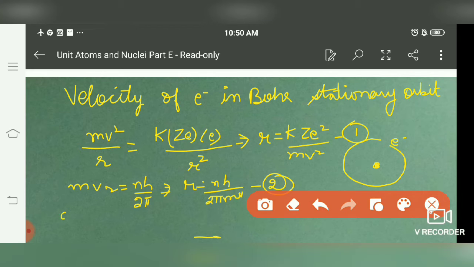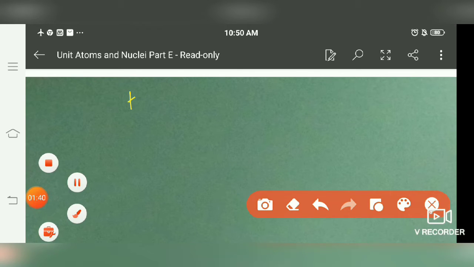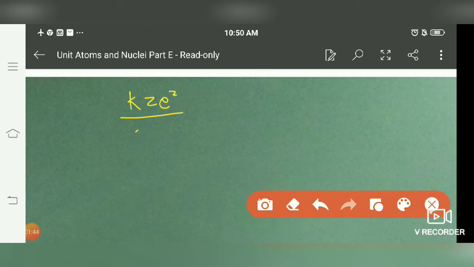Now by comparing 1 and 2, we get this equals to this. So what we get here? kZe² upon mv² equals nh upon 2 pi mv.